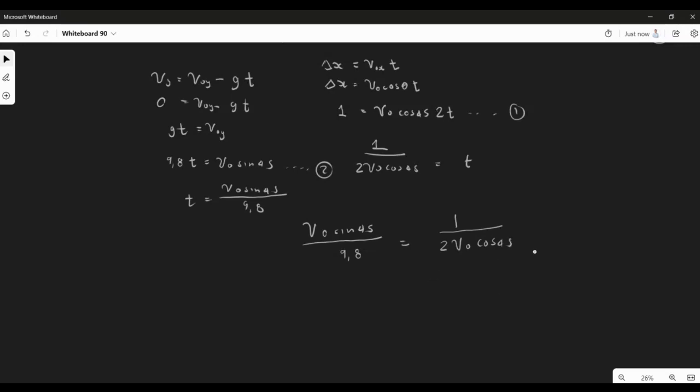We can multiply across, so we have Vo squared sine 45 cos 45 times 2 equals 9.8. Now we can solve for Vo squared. So what is my Vo? You guys can do that for me.